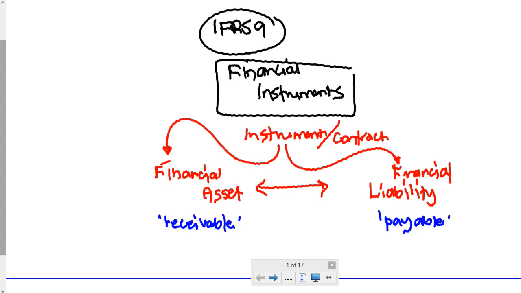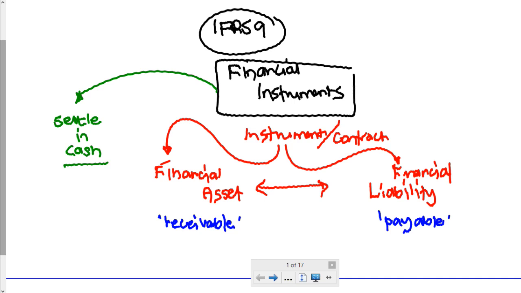And the key thing around this definition of financial instruments is that sometimes they settle in cash. So they are instruments that are there to settle in cash. So inventory, for example, is not a financial instrument, because inventory you're not going to settle in cash, you're going to use, isn't it? Or you're going to sell and then it becomes a receivable.